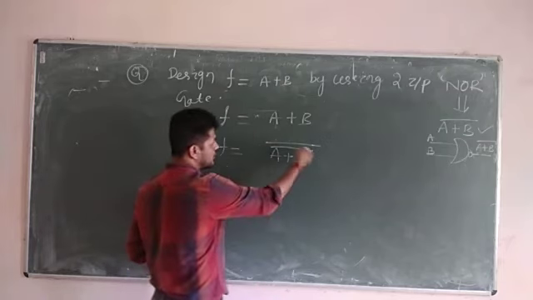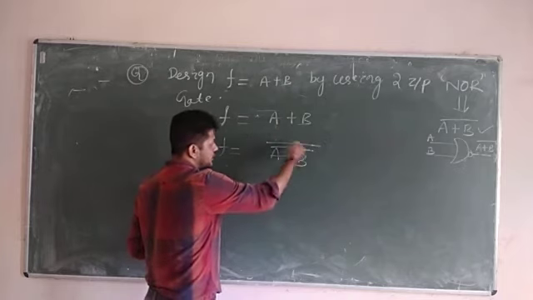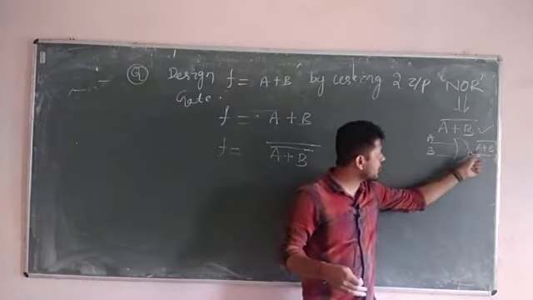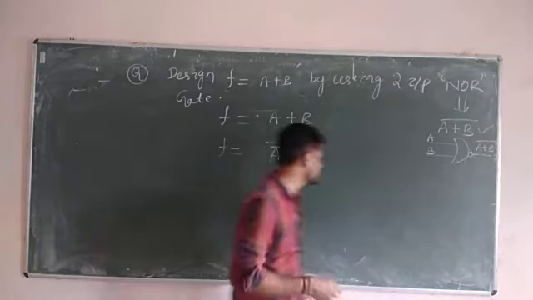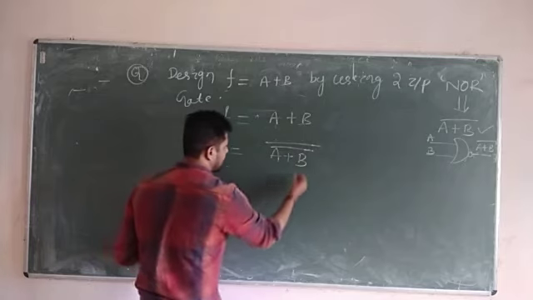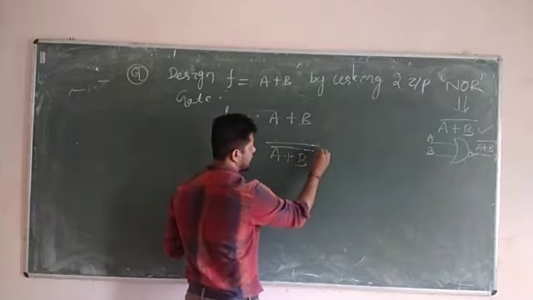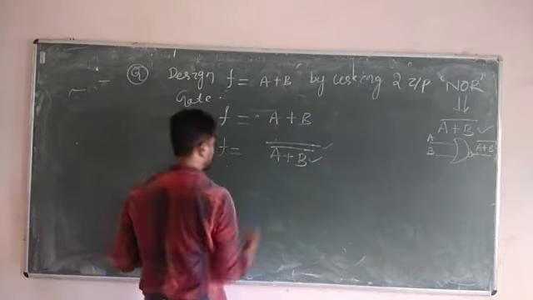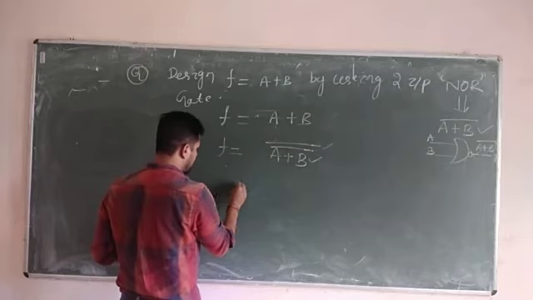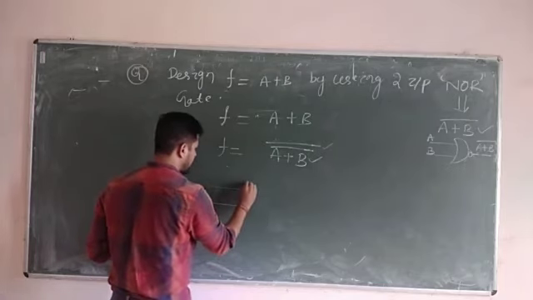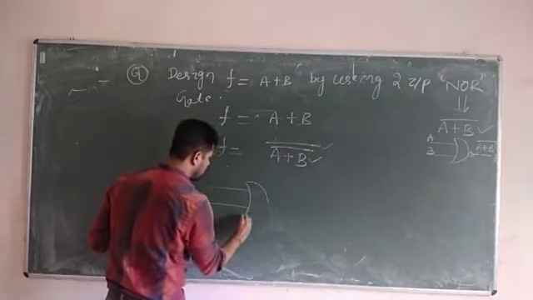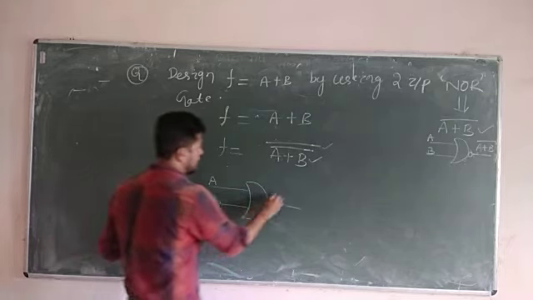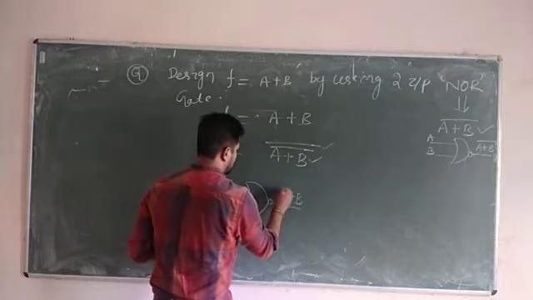Obviously we can implement this expression by using that NOR gate, because you have already known that output of the NOR gate is a or b whole bar. So how many gates are needed? This is one gate, and whole bar is also another gate. So 2 NOR gates are required to implement OR gate. So how to implement this? First I am going to apply simple, this is your NOR gate a or b whole bar.